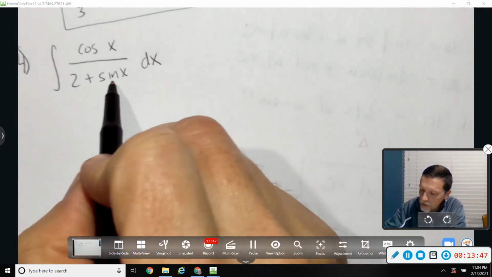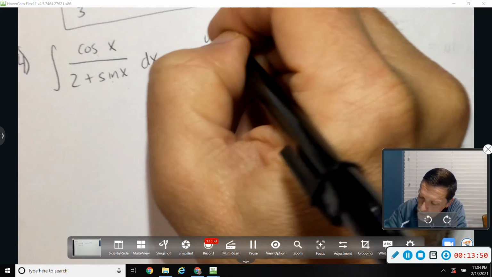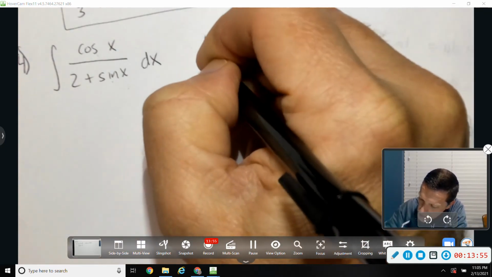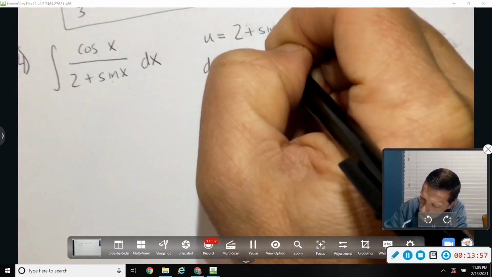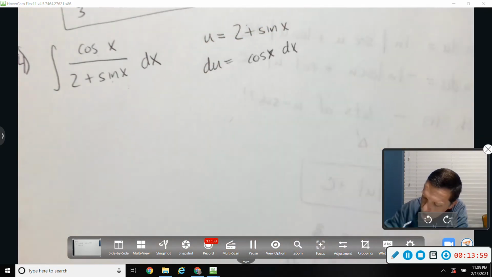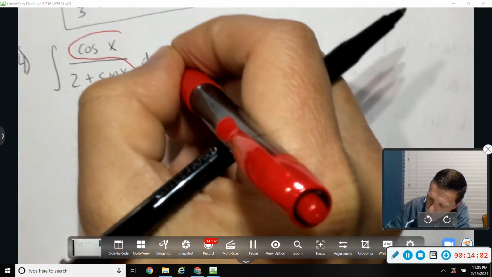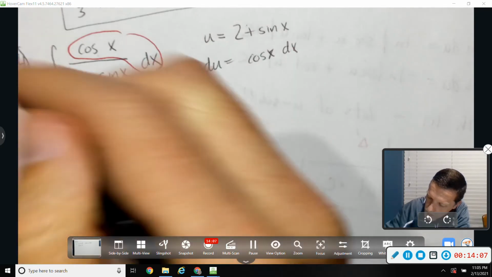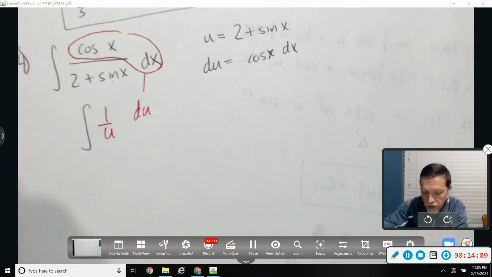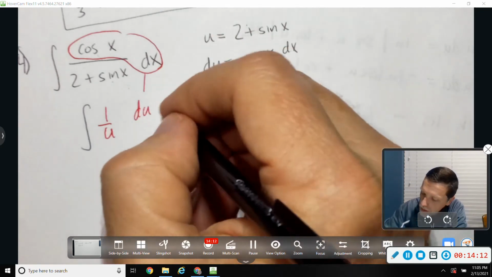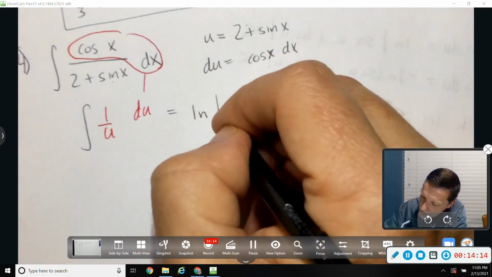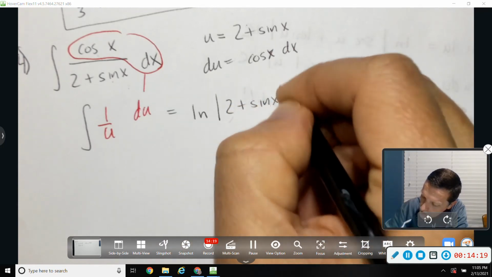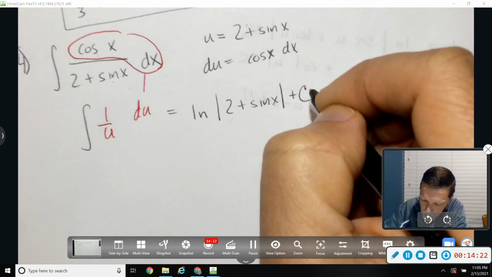Well, I know the derivative of sine is cosine, so if I let u be the entire denominator, then du is just going to be the numerator, and so this one's actually kind of easy compared to the other ones if you pick the right u and du. So natural log of u, which is 2 plus sine x plus c.